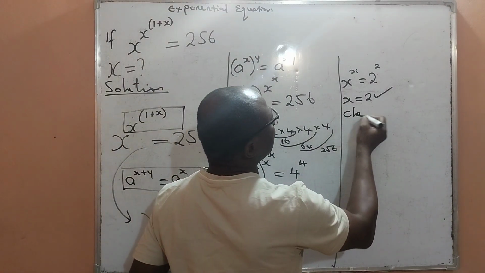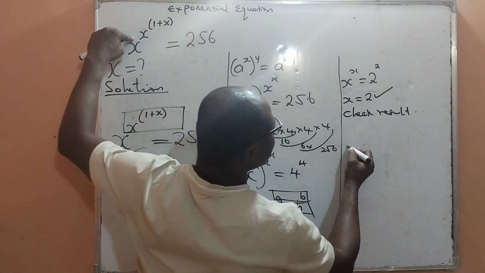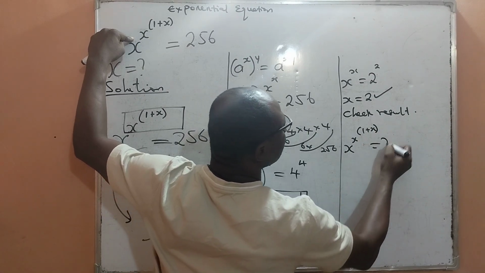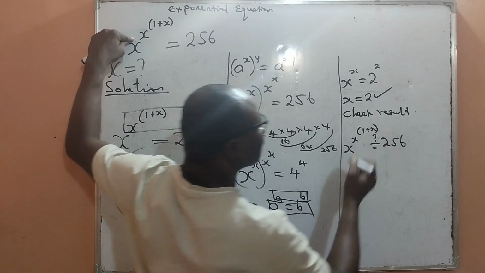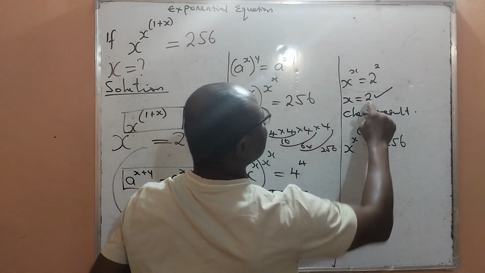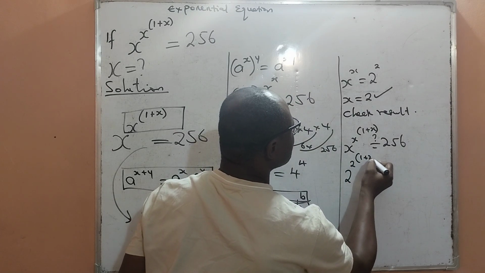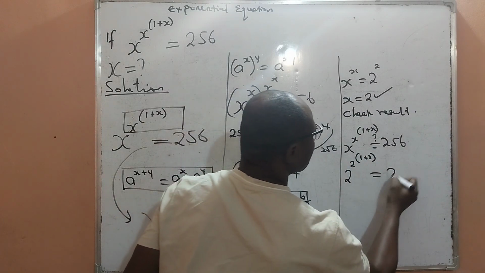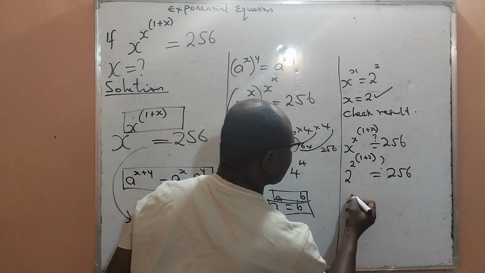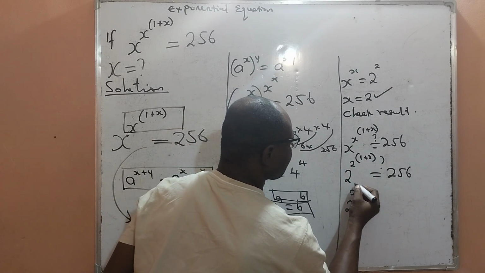A quick one, we will check this result that we have gotten. In the question, I have x raised to the power x raised to the power 1 plus x equal to 256. We want to find out if the equation will be satisfied. Now, if I replace the value of x as 2, we have 2 raised to the power 2, also raised to the power 1 plus 2. Is this equal to 256? From here I have 2 raised to the power 2, then raised to the power 1 plus 2, which is 3.